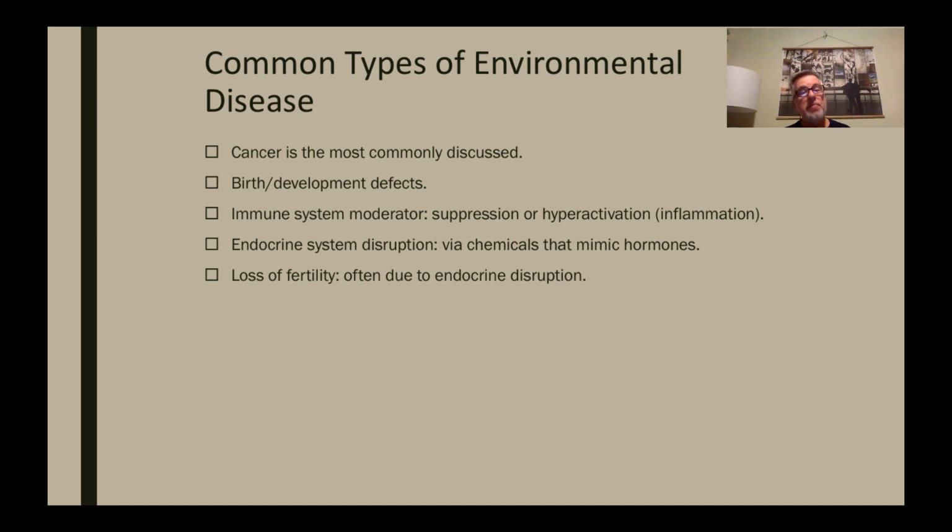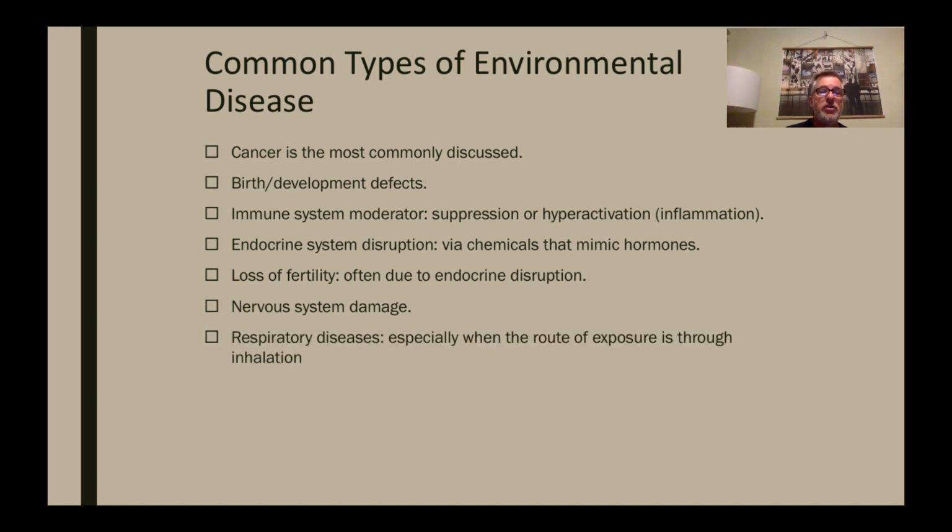Another common type of exposure issue is loss of fertility. This is often due to endocrine disruption, but could be due to other reasons as well. We will see this when we look at the statistics on global sperm count. Nervous system damage is also another common type of environmental disease.